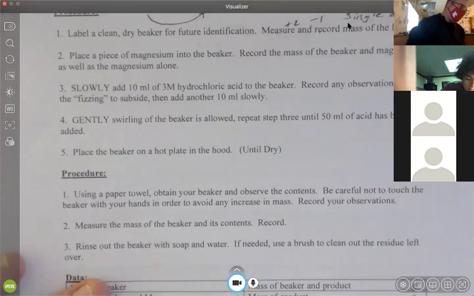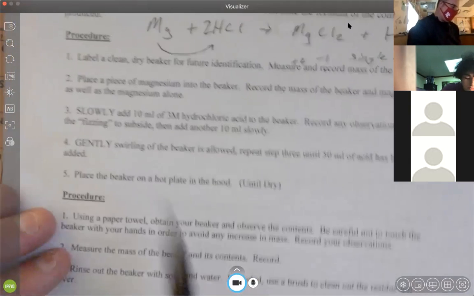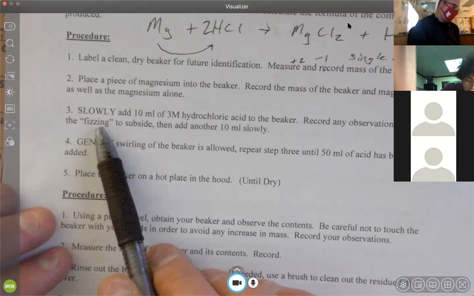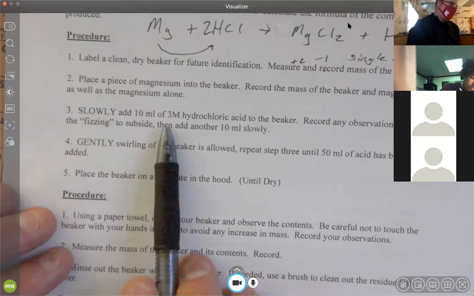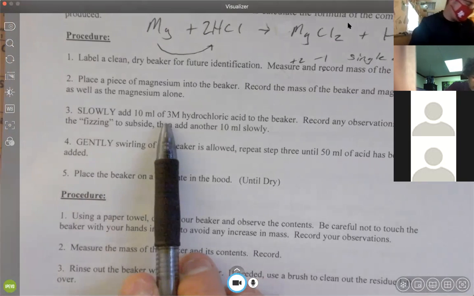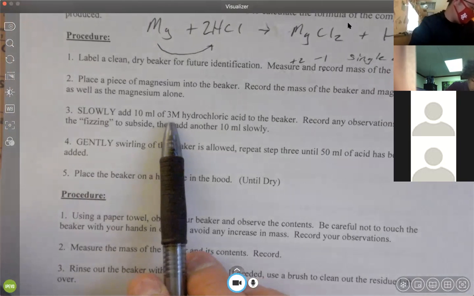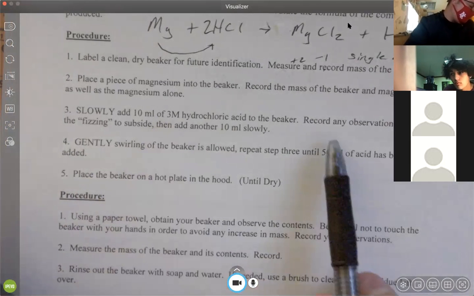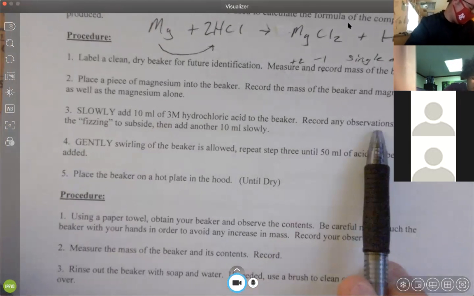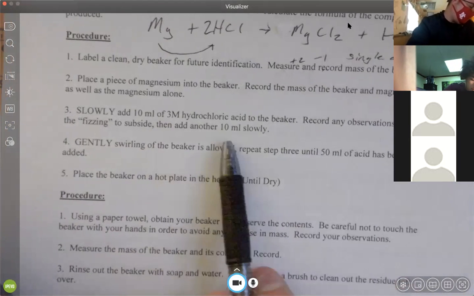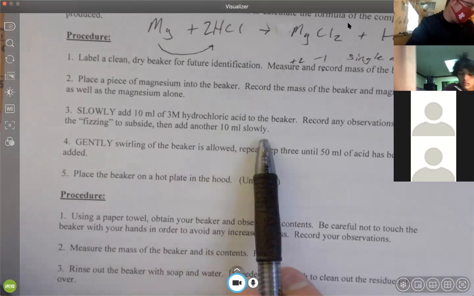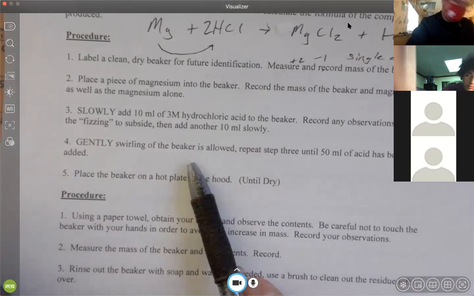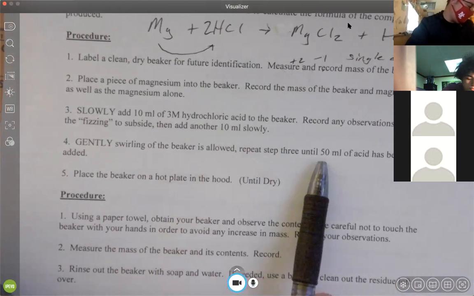Then you're slowly going to add HCl. It's quite concentrated HCl, so you're going to want to be careful. Slowly going to add that. And then you're going to record any observations that take place. You're going to keep adding 10 milliliters until all of the fizzing stops, or you get up to 50.